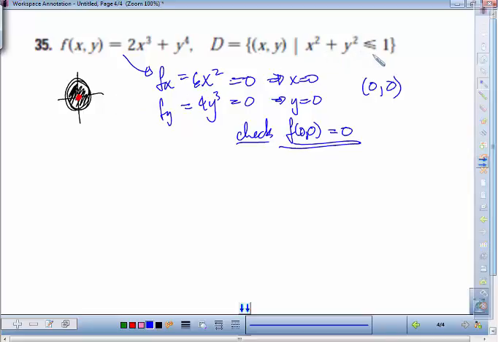X squared plus y squared is equal to 1. So if you just check the boundary, I guess I should do a different color now. We're going green on this. So this boundary is x squared plus y squared is equal to 1, as opposed to less than or equal to, because that's the whole inside. So just equal to 1.